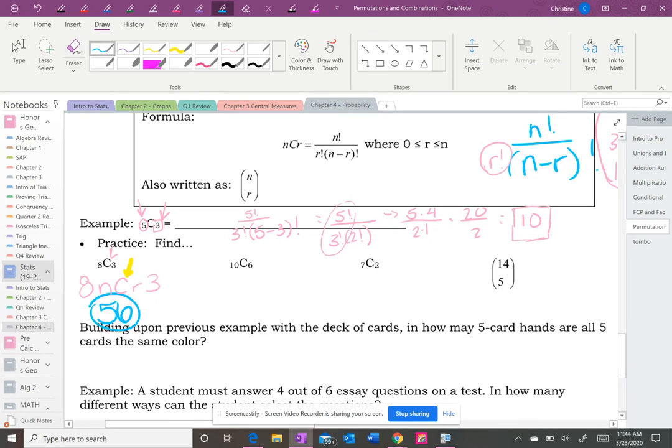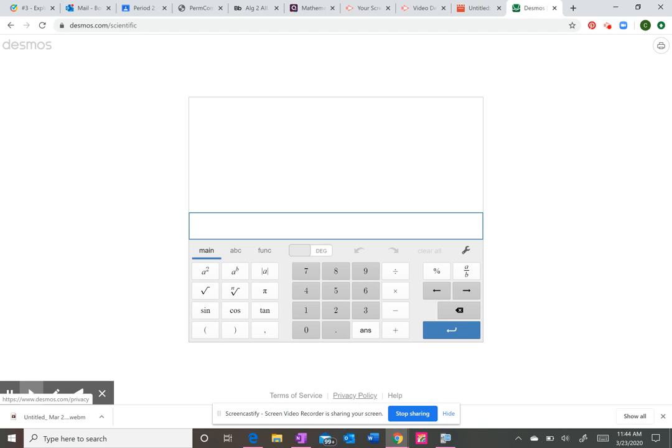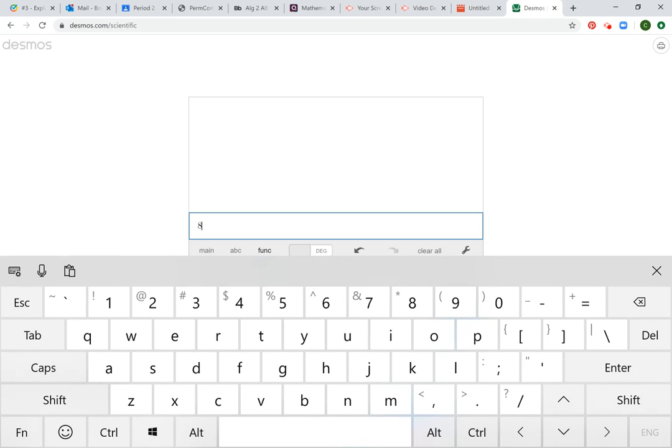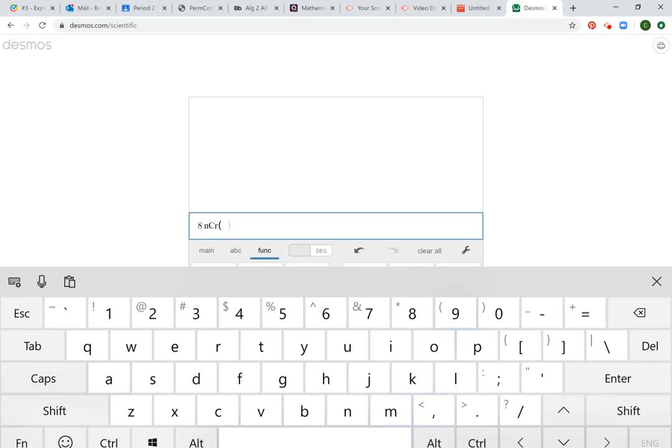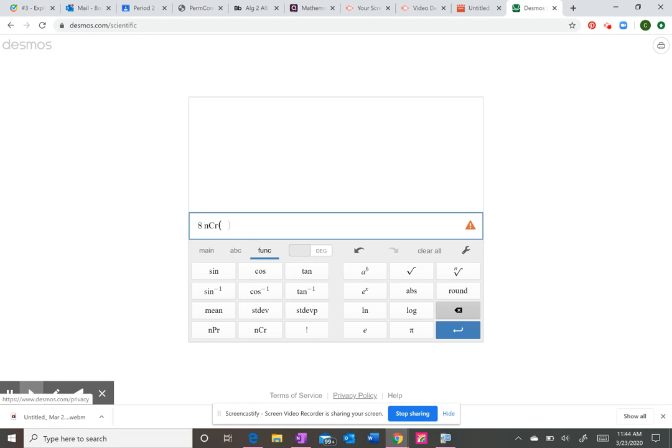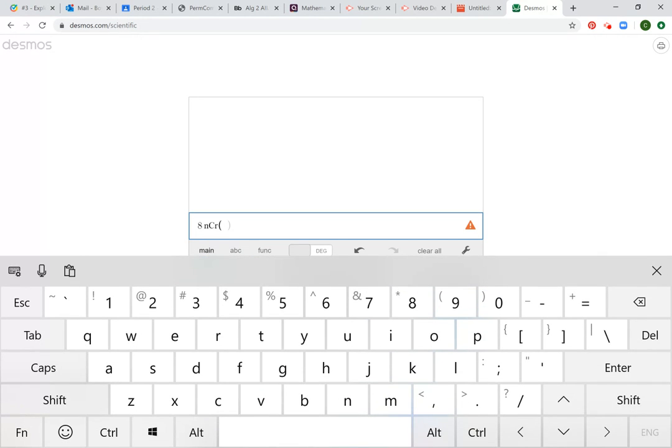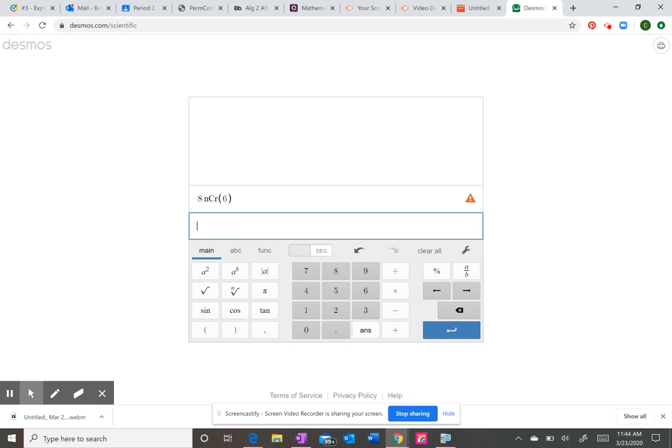If you're using the free calculator, remember you have to put the number in first. So 8 NCR 6. Come on. What's happening here? Oh, go back. I'm lying. Remember you have to put it in the parentheses.